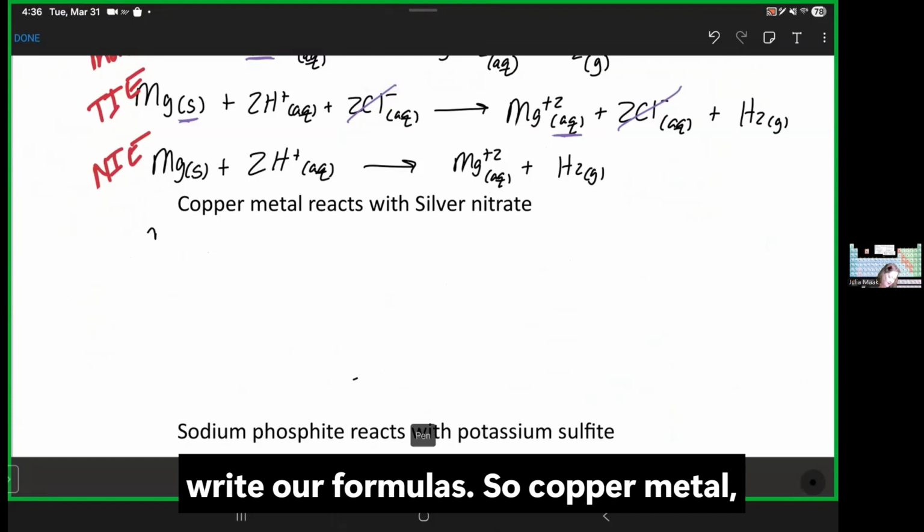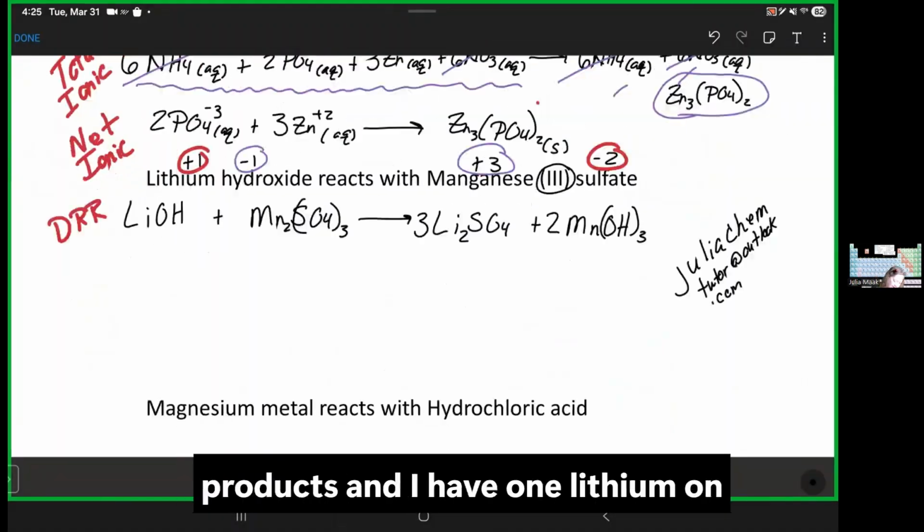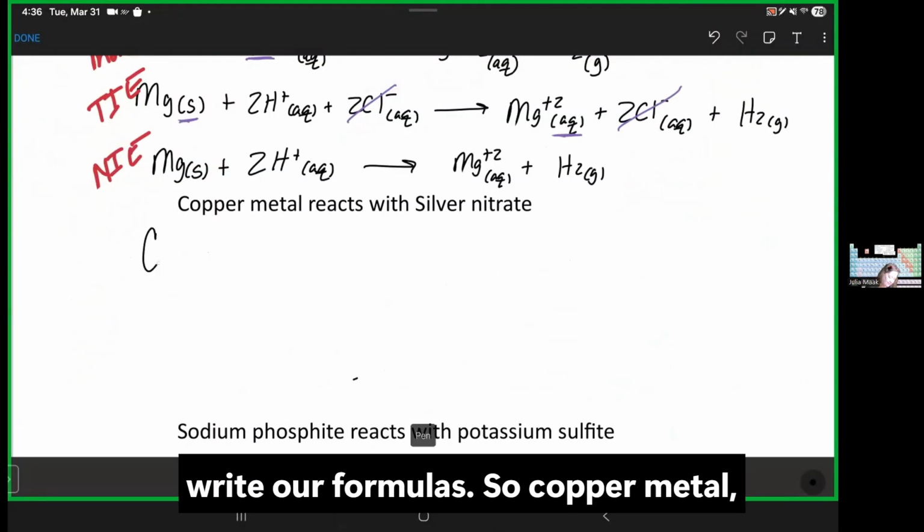So they are all going to split. I get 6 sodium ions and 2 phosphite ions. I get 6 potassium ions and 3 sulfite ions. Okay, see where I got all those from?